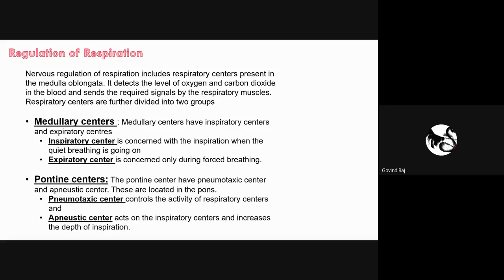And now the pontine centers. These are the next group of respiration control centers, situated in the pons area of the brain. The pontine centers have the pneumotaxic centers and the apneustic centers.